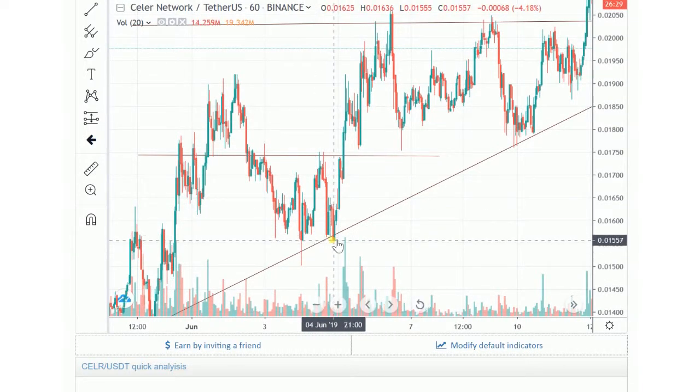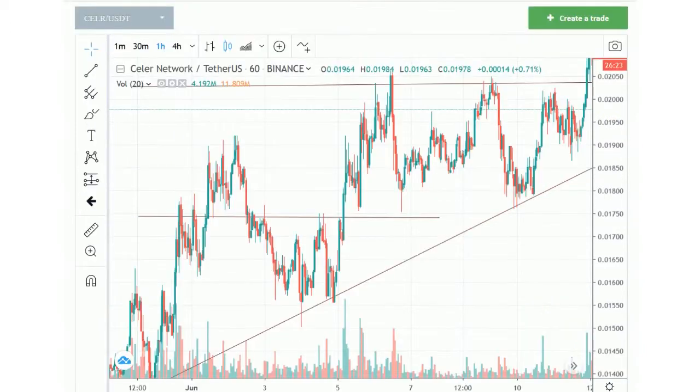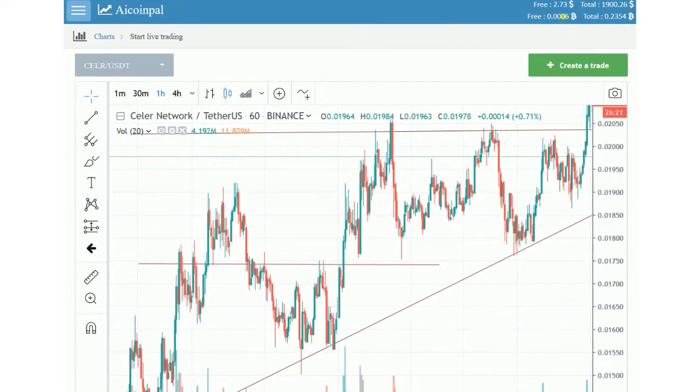You can see the amount of free budget you have here: in this case we have $2.73 free, and we have 0.0006 bitcoins free. And overall we have $1,900, and approximately 0.23 bitcoins. So we have all our budget of $1,900 placed on trades.